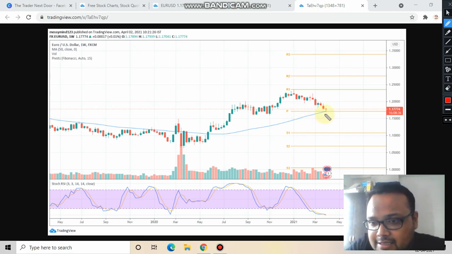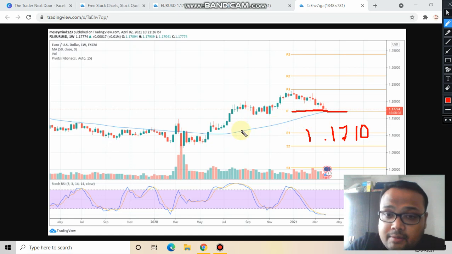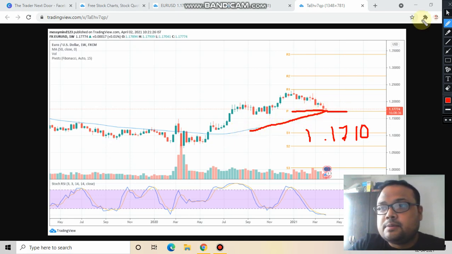The market has taken support at the 1.1710 level, because there is a line here which is a support, and the 50 moving average has also come to provide support to the market.